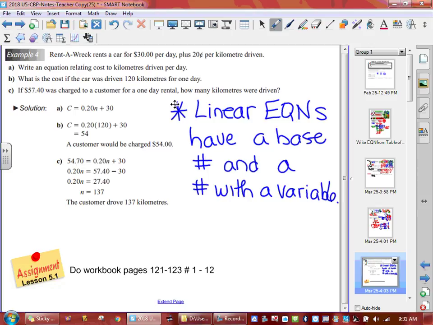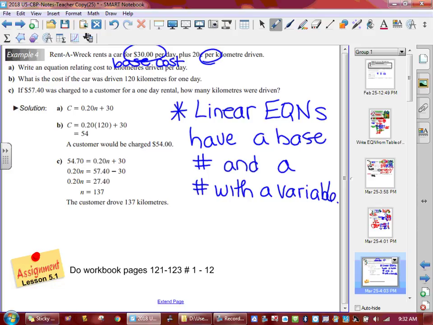Wherever it says the word per, if they use per twice, you have to see which number is going to get the variable. If they use per once, that one gets the variable. So the first number, it's usually a big number. That's always your base cost. So we're going to circle this, our base cost.